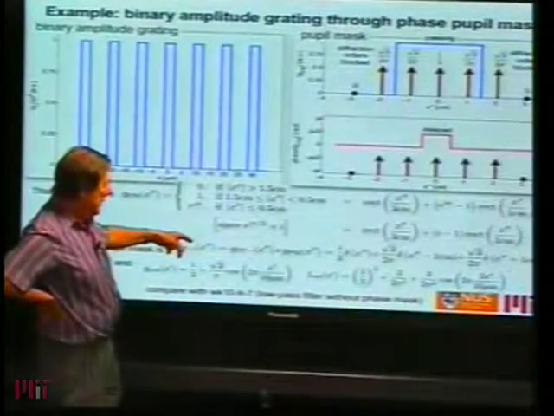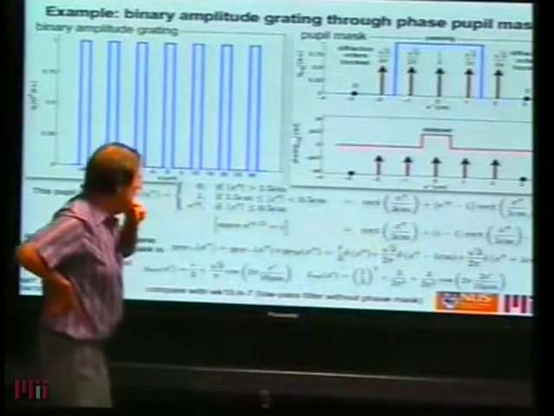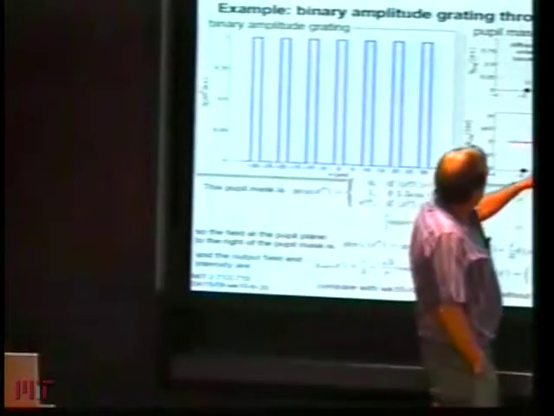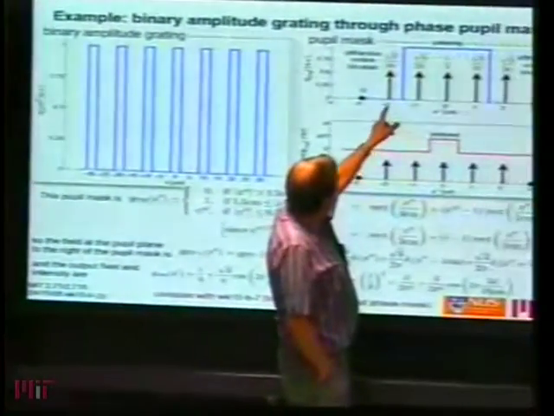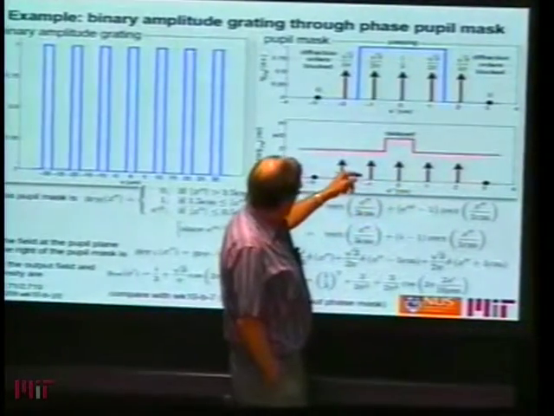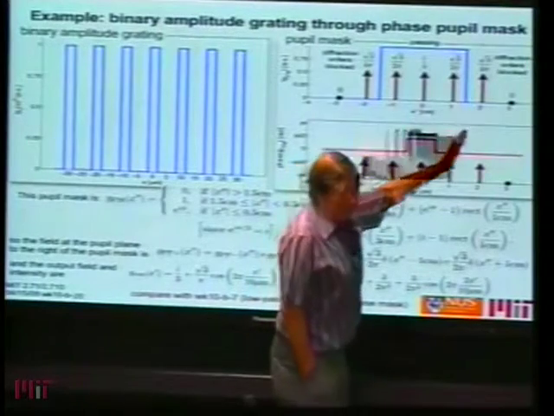Is that right? Why have we got this i minus 1 then, George? One way to write this pupil function is as a rect that is as big as the opening. So you can think of this as being the whole thing, minus this on top of the whole rectangle, right?